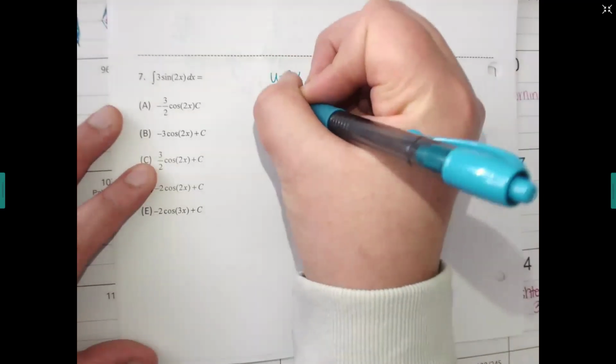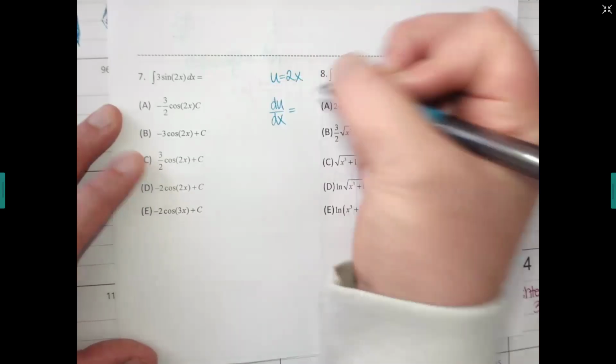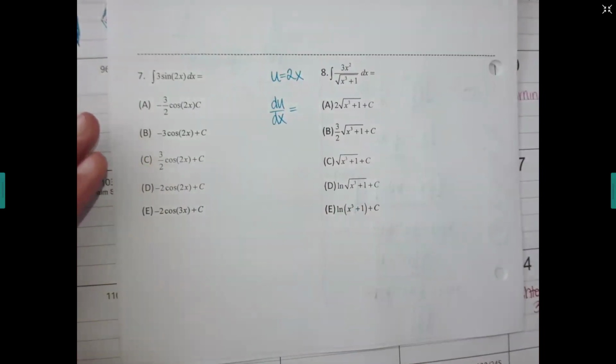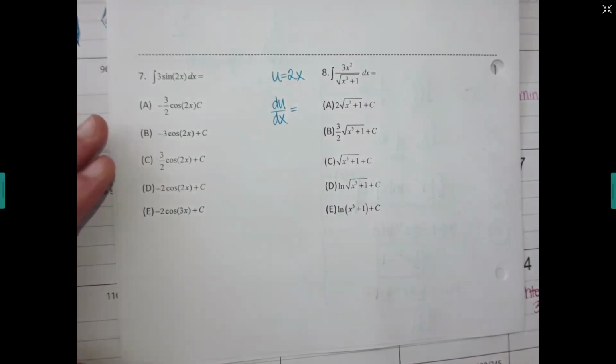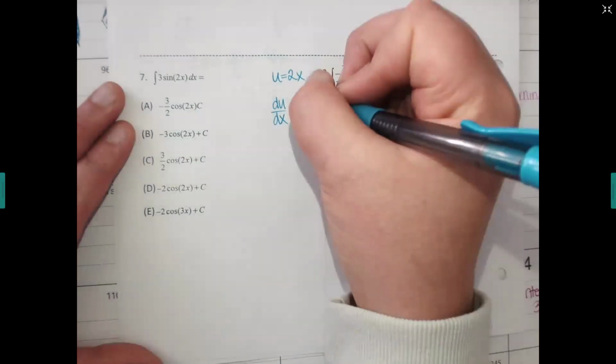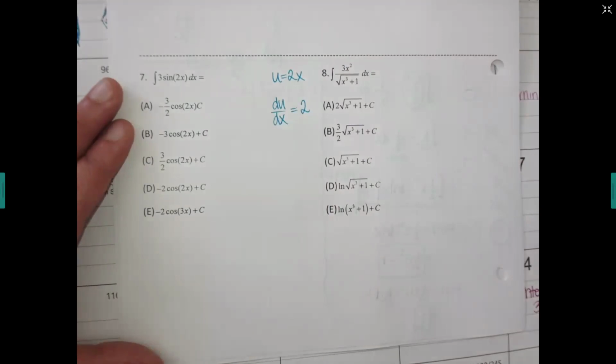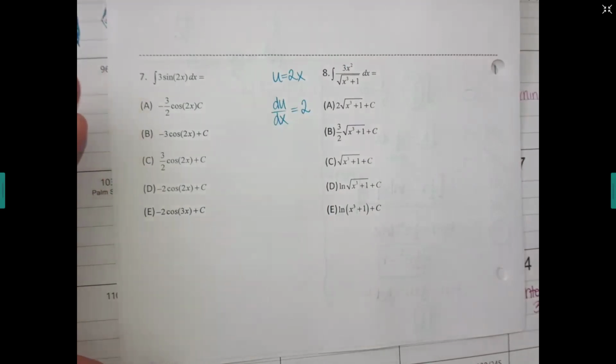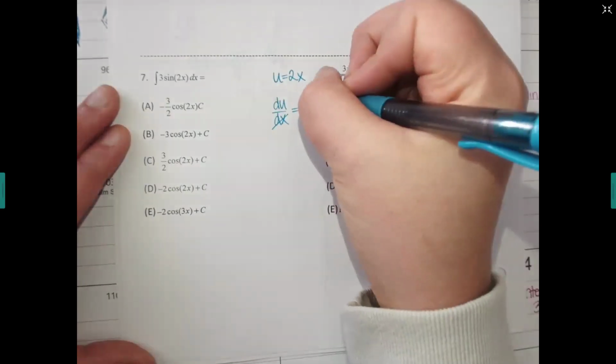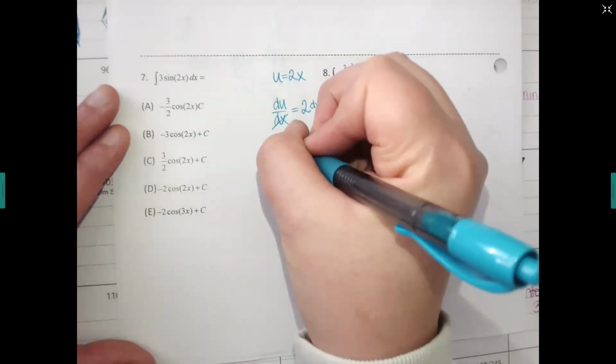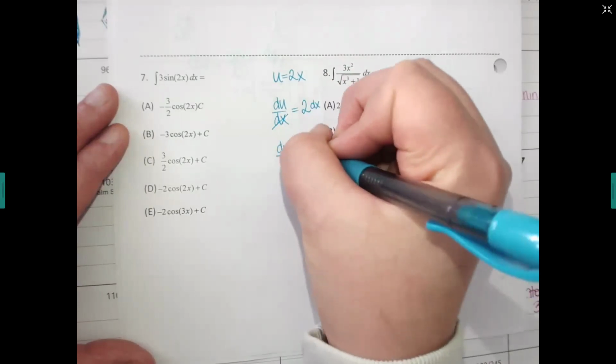If my U is a 2x, then remember I take the derivative and I call it du dx. What would the derivative of 2x be? Just a 2. Then remember I times my dx up, divide my 2 down. So a du divided by 2 is going to replace my dx.